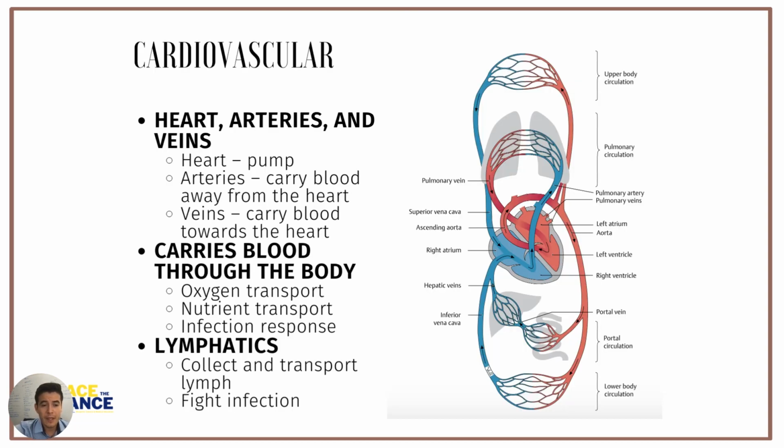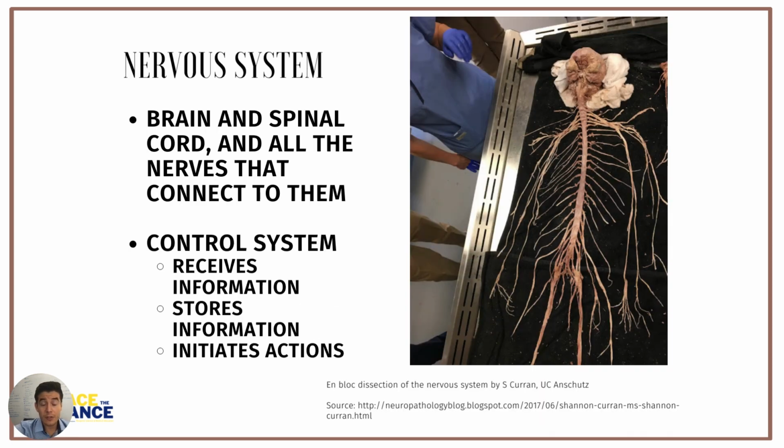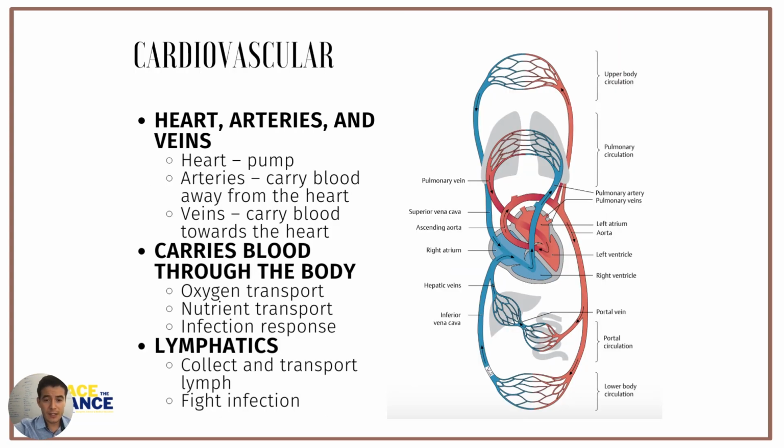For the neurovascular or the nervous system, we have the brain and spinal cord, which make up the central nervous system. And then everything peripheral to that is what we call our peripheral nervous system. Cardiovascular system, we have various arteries and veins. If we start with our heart as the main pump, we have blood going to the extremities from our arteries, which then become arterioles.